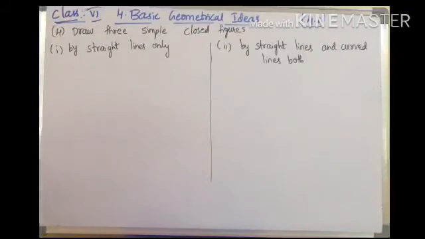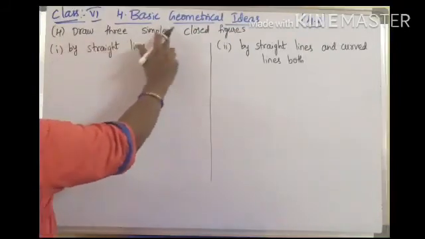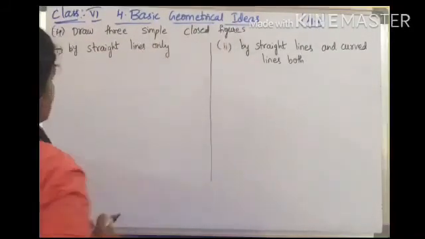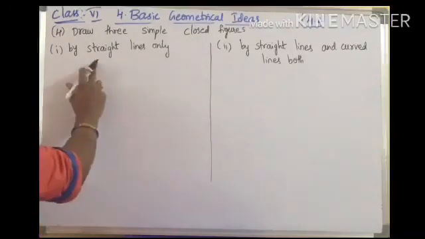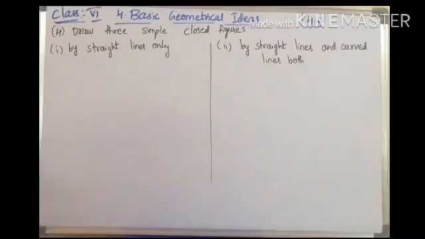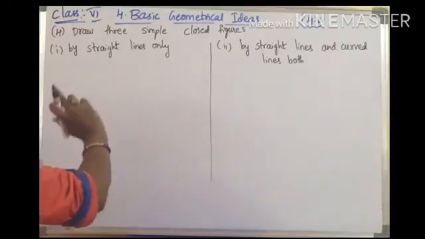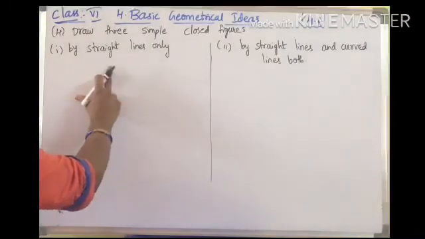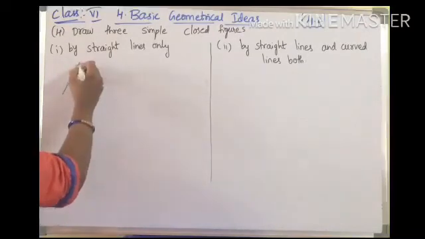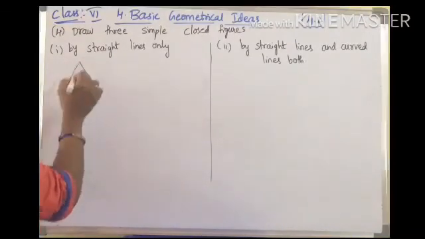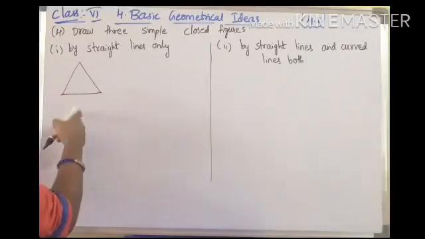Coming to the fourth question, children. Draw 3 simple closed figures by straight lines only. So you should draw the closed figures by straight lines only. It means we should not draw curved lines here. If I draw this, it is a triangle, a closed figure formed with 3 line segments.